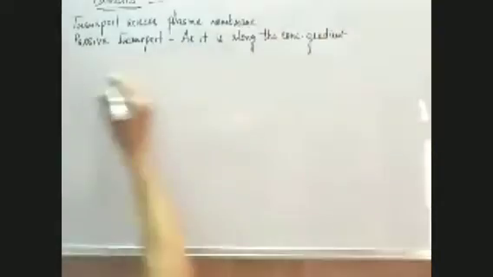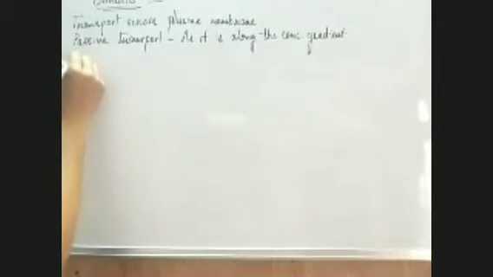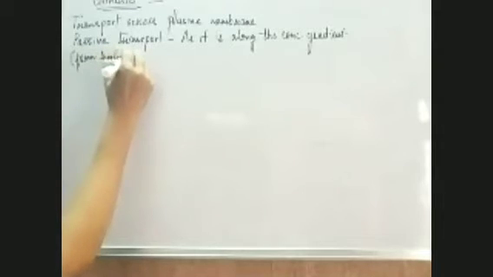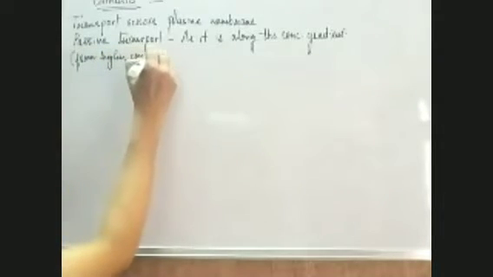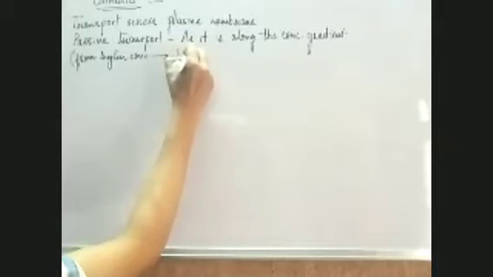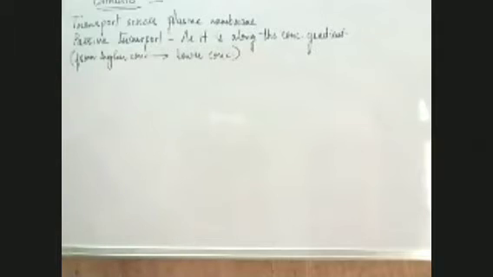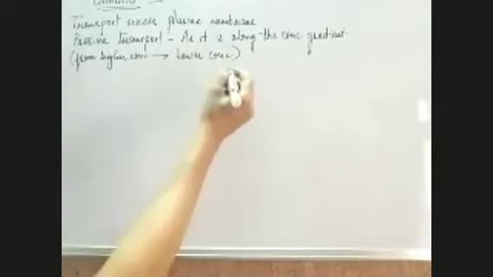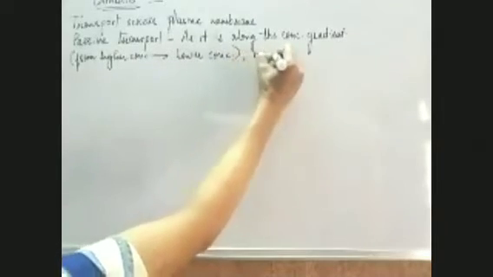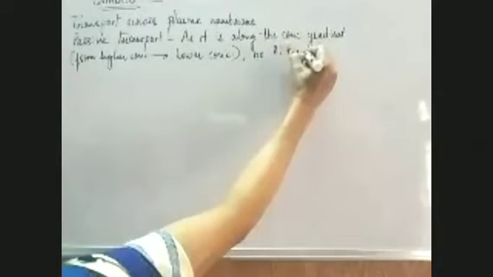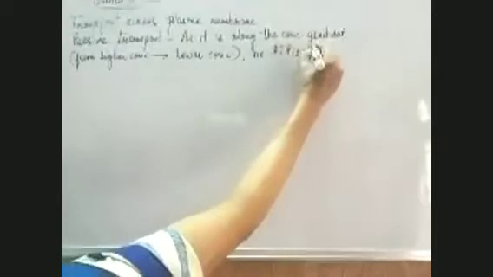When we say along the concentration gradient, that means from higher concentration to lower concentration. So as it is along the concentration gradient, no ATP is utilized.